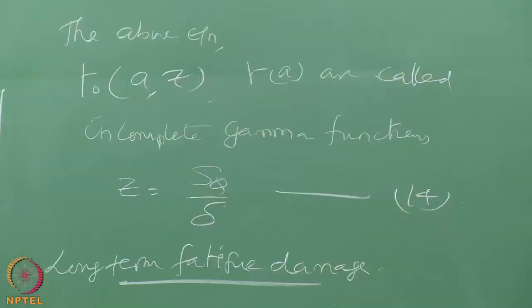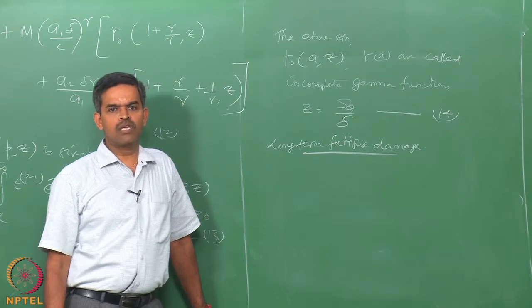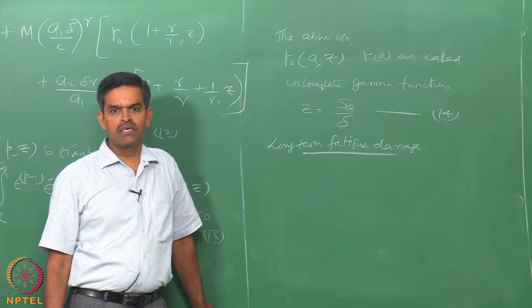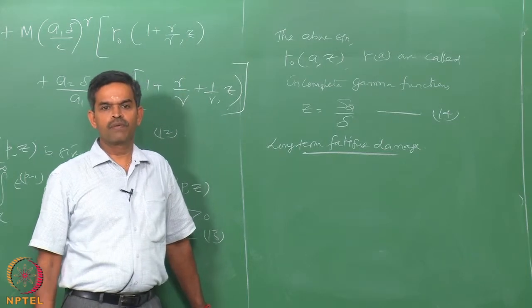Long term fatigue damage due to a sea state can be modeled as an exponential distribution obtained by setting the limits in the equation and denoting the parameters in terms of the slope of the Hn plot.